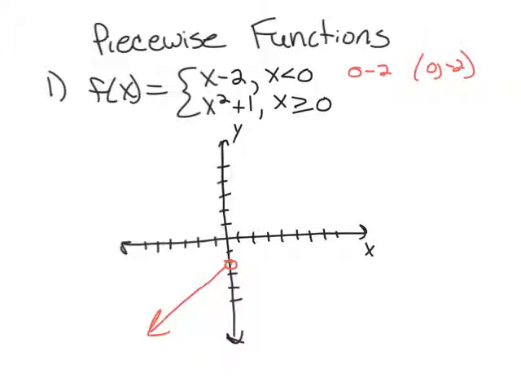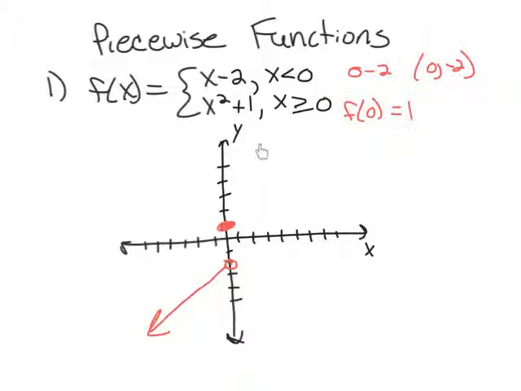So here, when x is 0, I know because it is defined, f of 0 is going to be 1. That's a closed circle because I can actually define that one because my inequality sign is greater than or equal to. Since this is the point of the x squared function shifted up by 1, I'm going to graph the second half of the parabola.